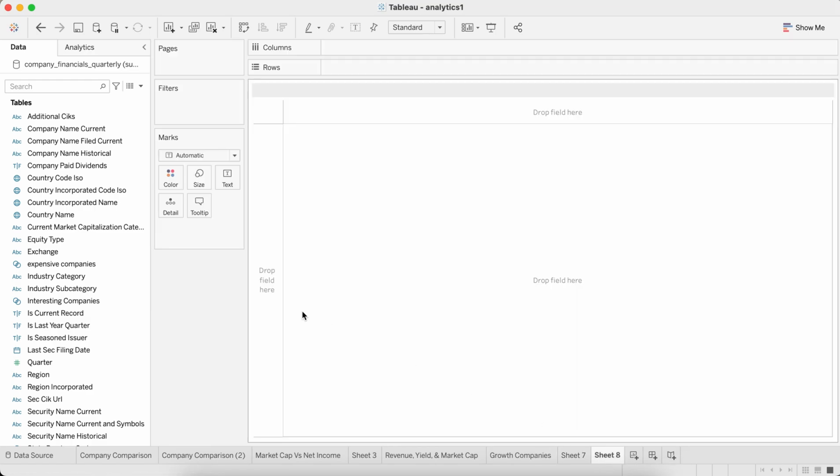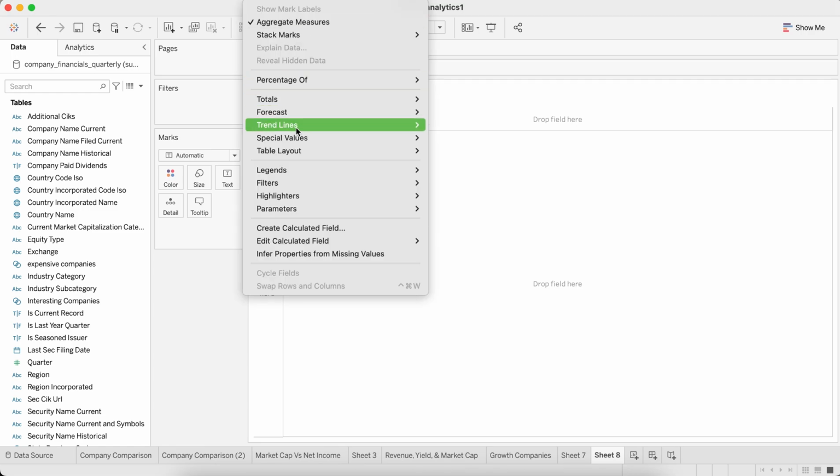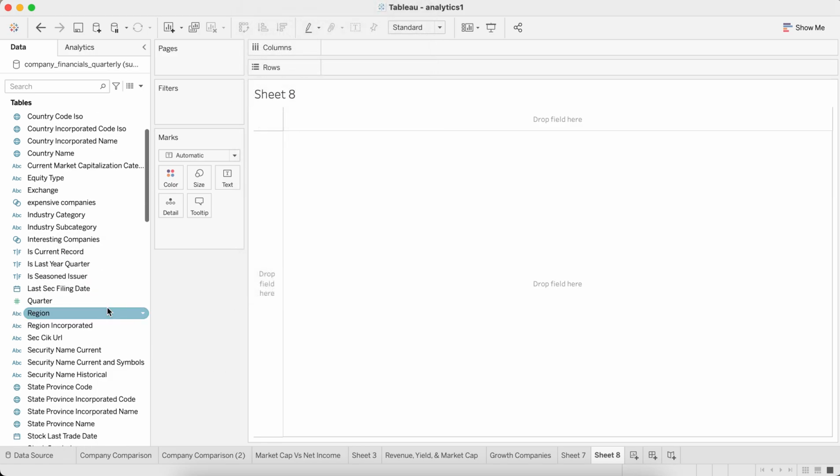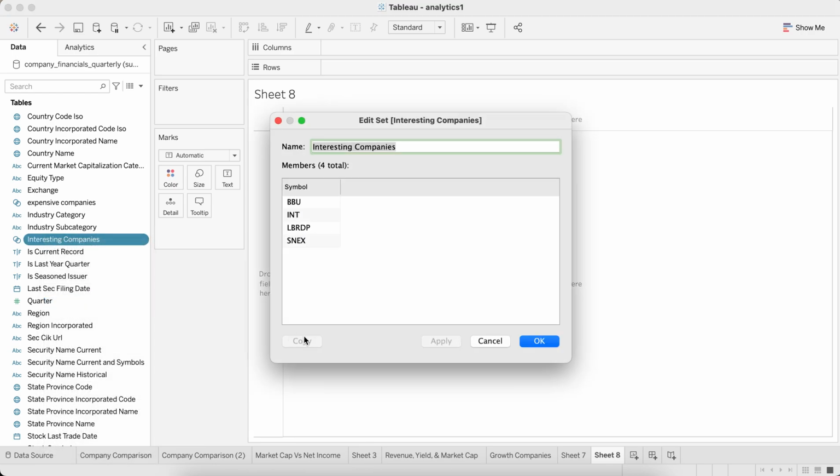I was pretty sure that there was a create set button somewhere. I thought it would be here. You can create calculated fields. Okay, well, I apologize, I should have looked at this ahead of time. But let's look at interesting companies and see if we can paste the companies into here. Well, it appears not. Okay, that's okay.